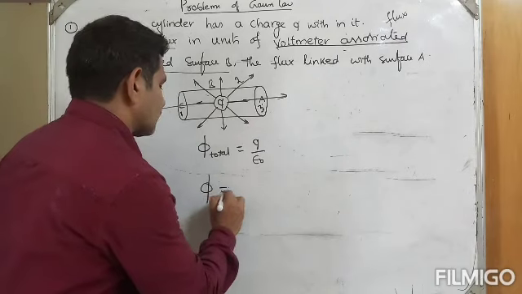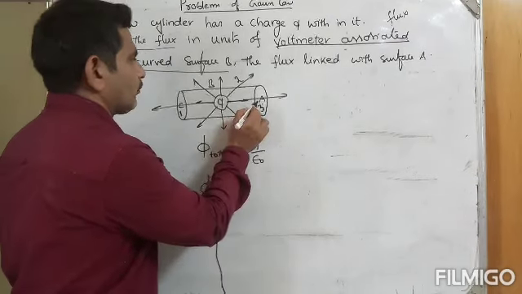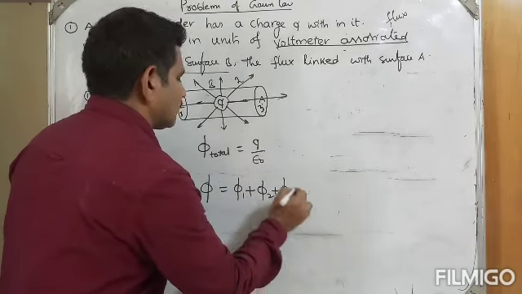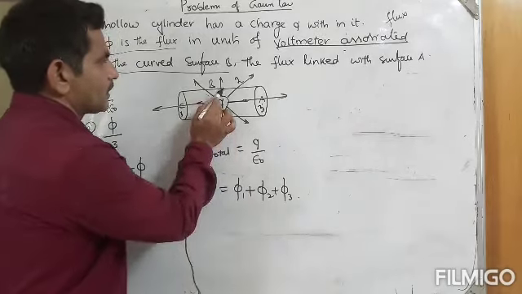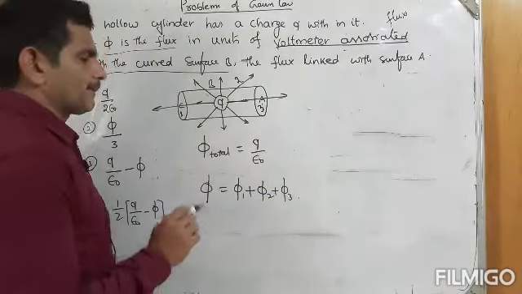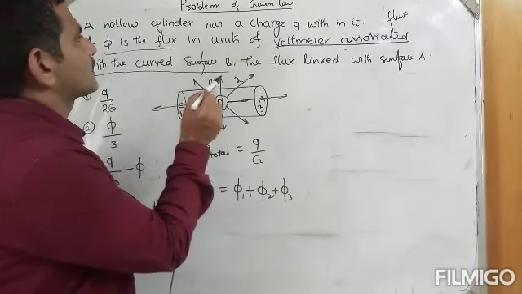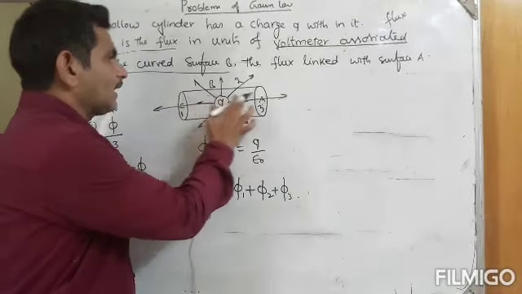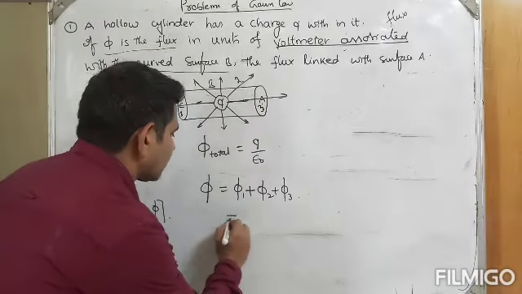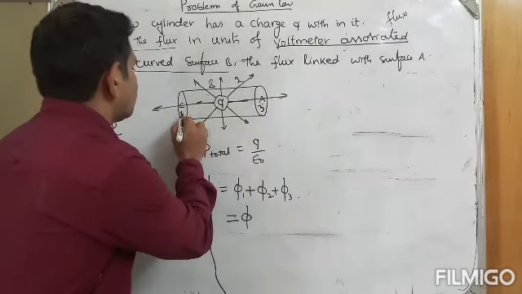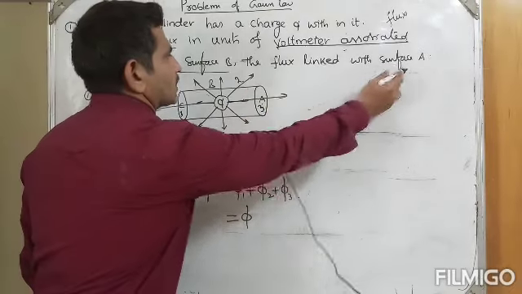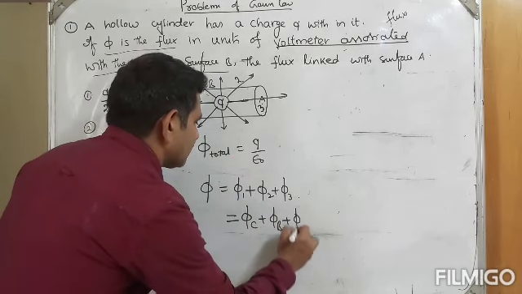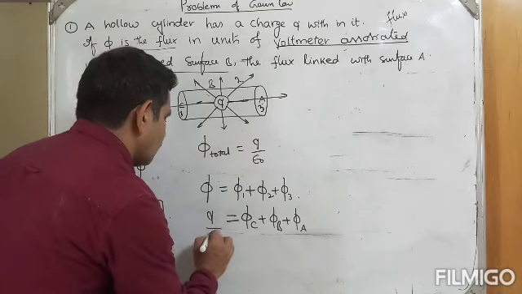So total flux phi is equal to phi 1 plus phi 2 plus phi 3, where phi 1 is the flux through C, phi 2 is the flux through B, and phi 3 is the flux through A. One important thing: A and C are symmetrical, so you can take flux through C or flux through A. C plus B plus A is equal to total flux, Q by epsilon naught.